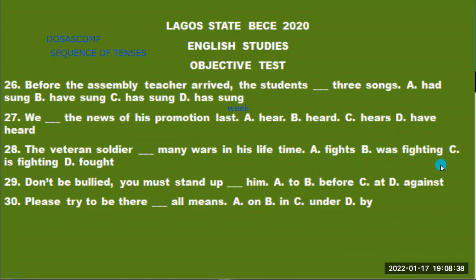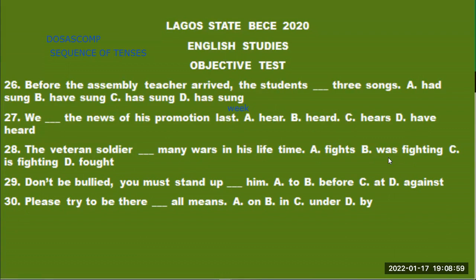B was fighting. Again, we can't use the past continuous to talk about something that was not in progress at that given time being spoken about. So it was something that just happened. So it was not in progress.